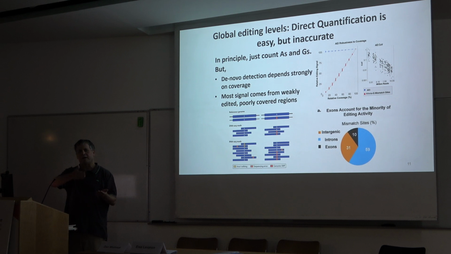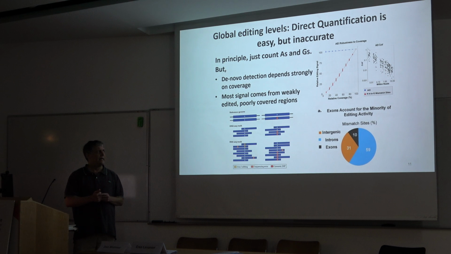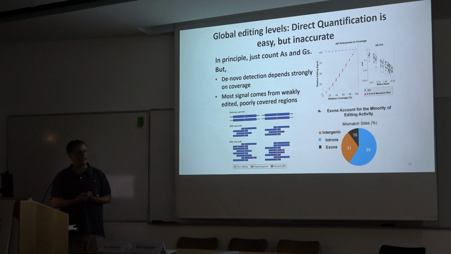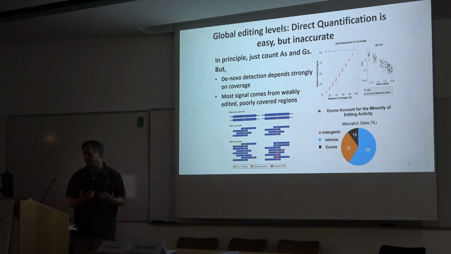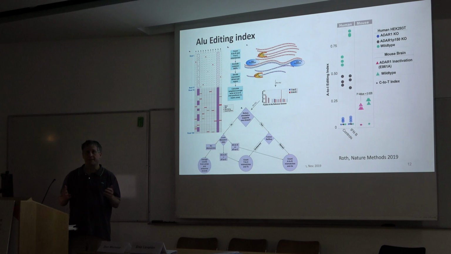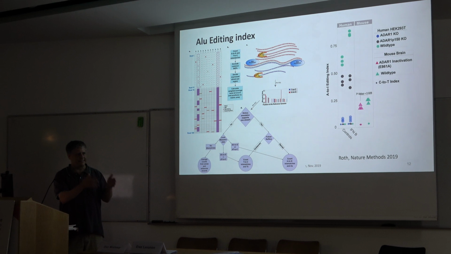If, for example, we simply count the mismatches that can be a hallmark of editing, it depends on the coverage and the read length, and all the methodologies that were available to calculate the editing level per tissue did not work properly. So we developed the RNA editing index, which allows us to take an RNA-seq and simply give a number, after many normalizations, of the editing level of specific RNA-seq data. So now we can take every RNA-seq data and give it a grade: what is the editing level in this RNA-seq?